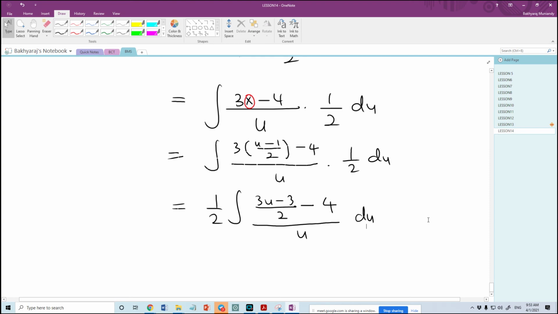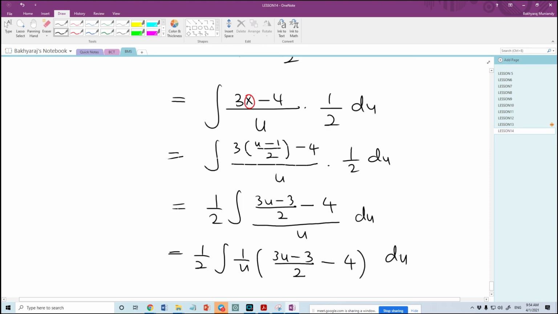What is our next step? Split the fraction. But before that, because here there is still a fraction, what do you do? Yeah, correct, very good. In the bracket, 1 over u. That is very good. 1 over 2 integrate 1 over u times 3u minus 3 divided by 2 minus 4 du.